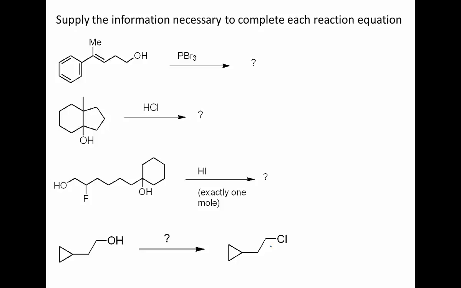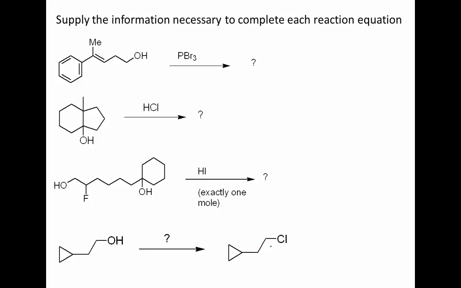The benzene ring is relatively inert in most of these reactions. In fact, for a while, we're going to be throwing benzene rings at you, but just don't do anything with them till we get to Chapter 11. Then we'll talk about their reactivity.